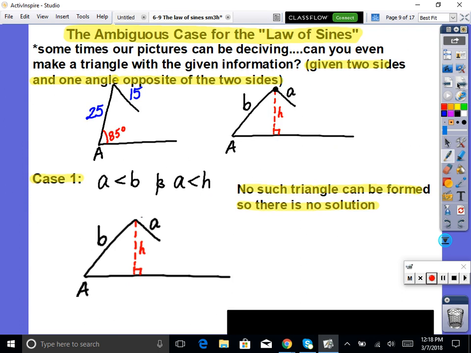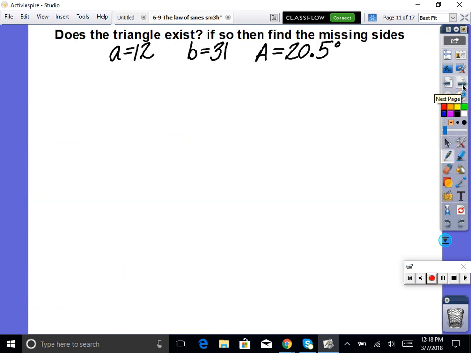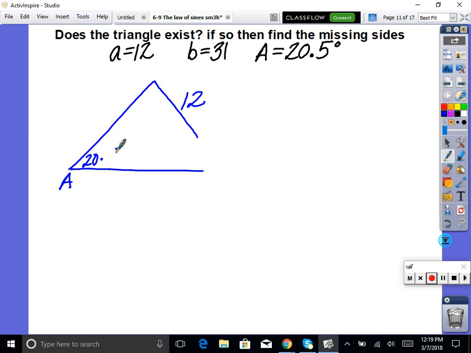Okay, here we go. So let's see if this triangle exists. This is how I draw it out. I'm not going to be drawing it to scale. I go like this. We don't know if it's going to connect. Let's see if it does. So that's how I start out. I'm going to call this angle A, and this is my swinging side, side A. So this is 12. This is 20.5. I always set it up just the way we use the strings to make my swinging look the same. And then this is side B, so let's call it 31.